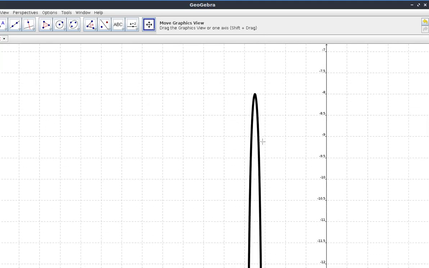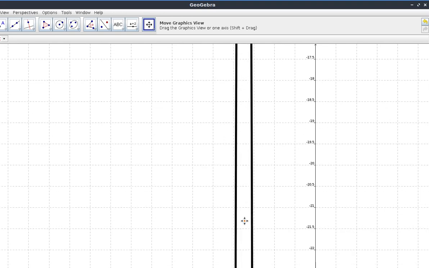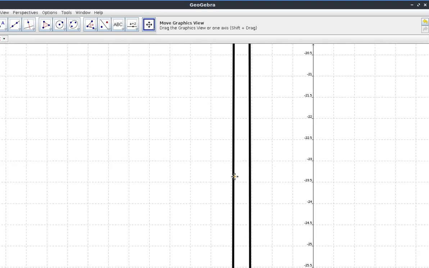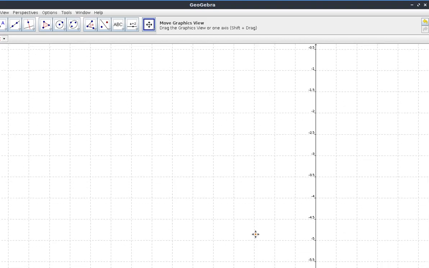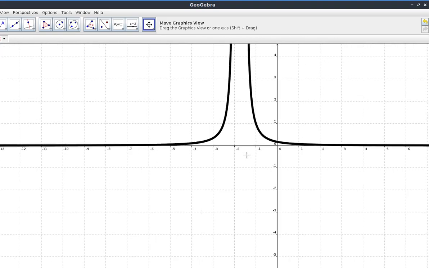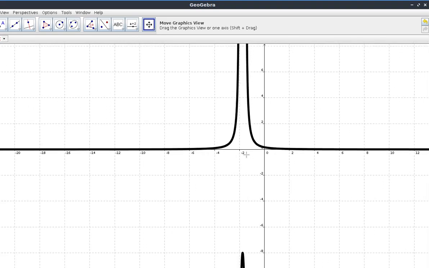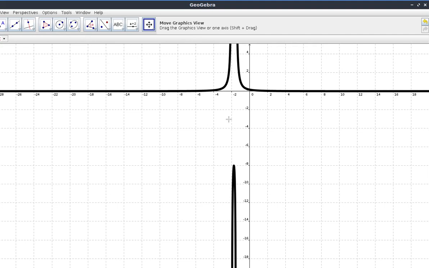Let's zoom out. We have the part of the graph that is between negative 2 and negative 1.5. This also gets closer and closer to negative 2 and negative 1.5, but never touches them. If we zoom out further to see all parts of the graph, this is what the graph would look like.